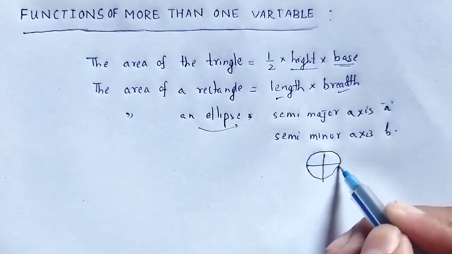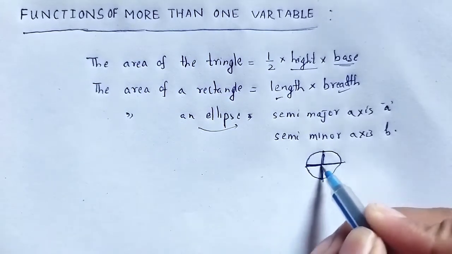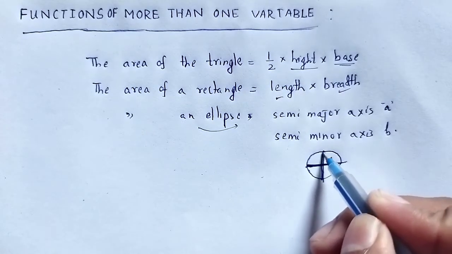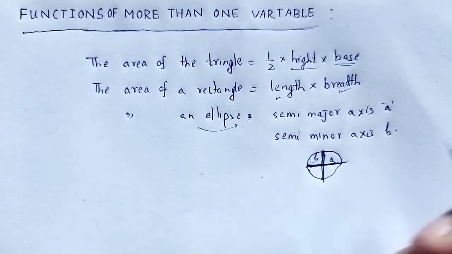This is an ellipse, semi-major axis small a, semi-minor axis small b.